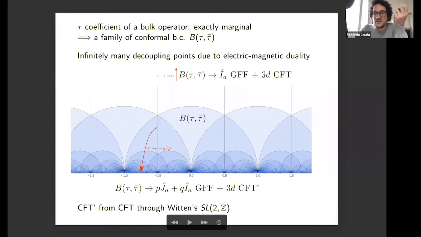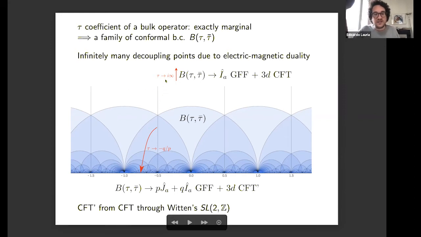But what is interesting is that there are actually infinitely many decoupling points, because in the bulk you have electric-magnetic duality. The electric-magnetic duality changes the definition of F and F tilde, as well as the definition of tau, the complexified gauge coupling. Tau is transformed with an SL2Z transformation, just a fractional transformation.